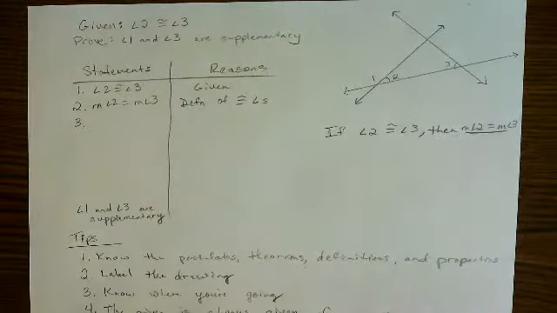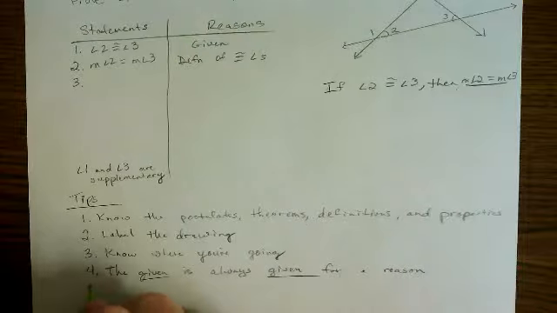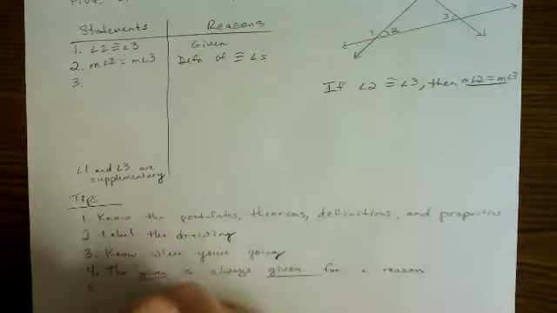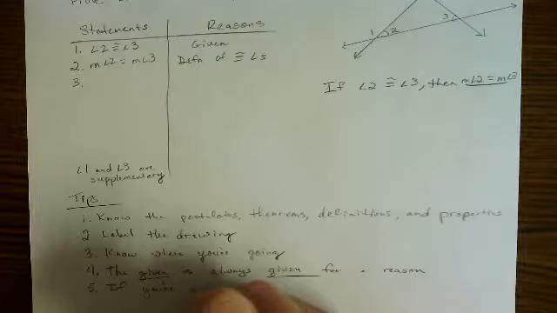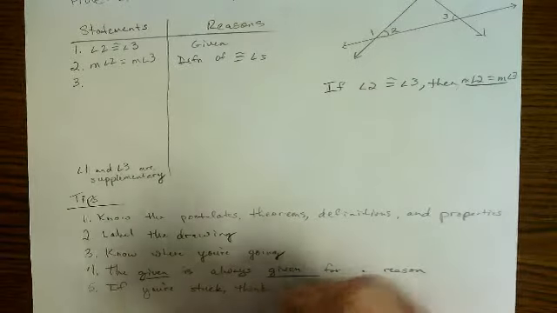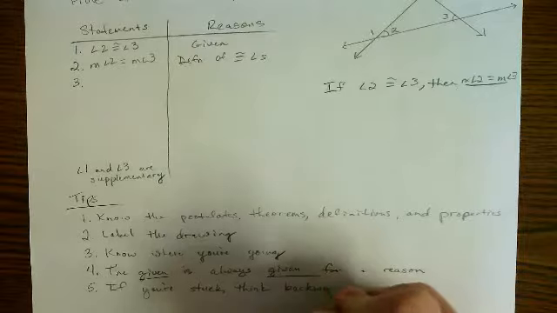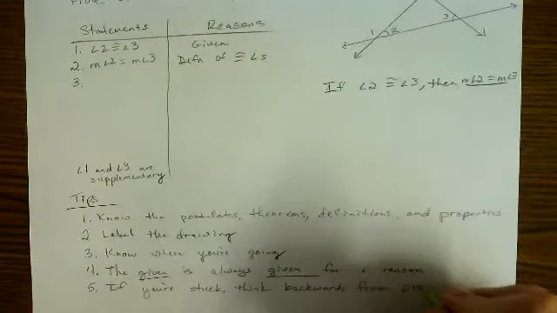All right. Now I said I had 4 tips, but I'm actually going to add a 5th tip, a bonus tip. My bonus tip to you is this, number 5. If you're stuck, think backwards from the proven statement.